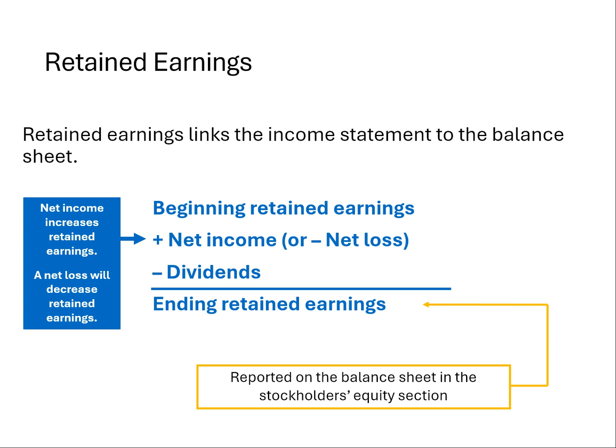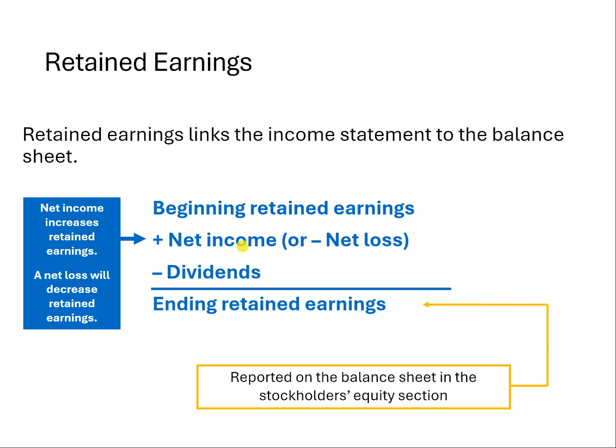So how does retained earnings link to the income statement? We know retained earnings will be reported on the balance sheet, right? And net income is reported on the income statement. So the retained earnings is going to connect those two statements. So the beginning retained earnings, this number is from the balance sheet, right?